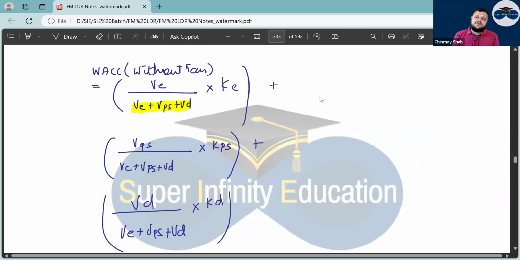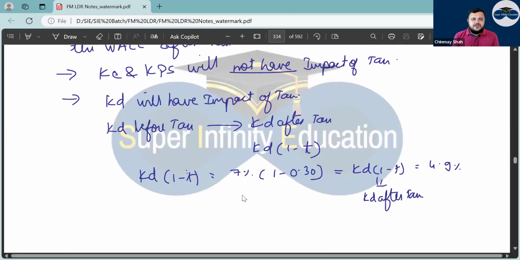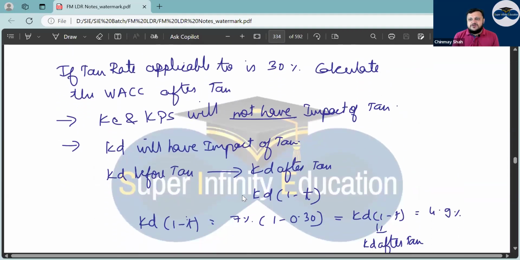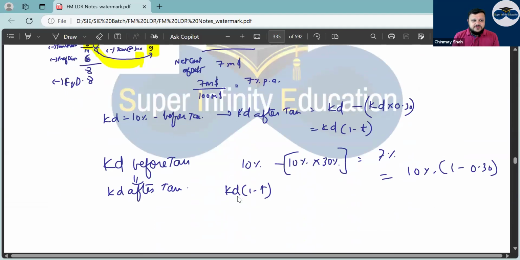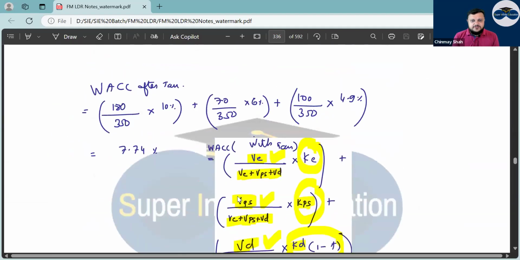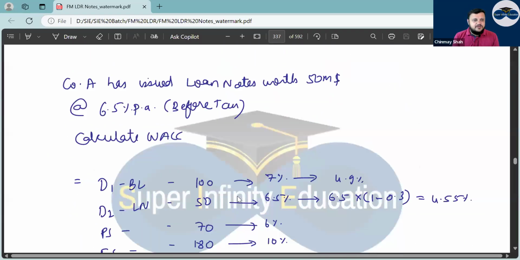Generally, this is without tax. With tax, taxation impact will only come on what? KD. So KD will become 1 minus tax rate. Correct? Because KE and KPS do not have a tax impact because they are paid after taxes and interest are paid. Right? So when it comes to KD before tax, KD after tax, so this is the KD after tax formula, correct?